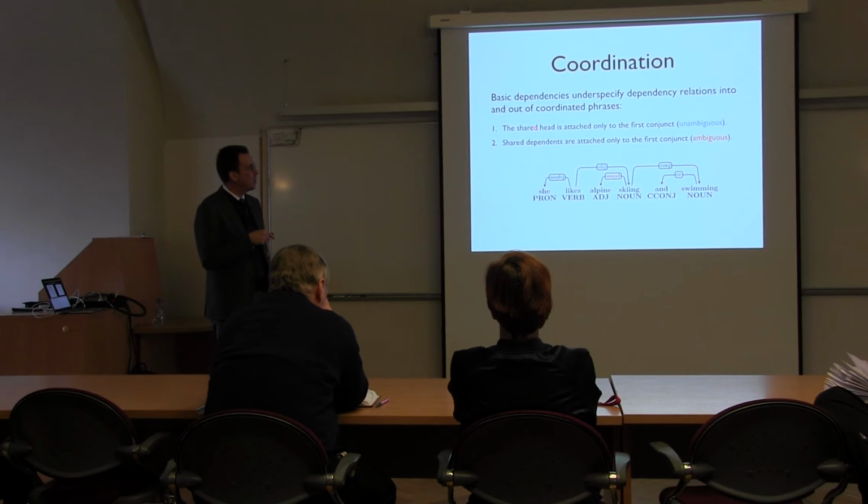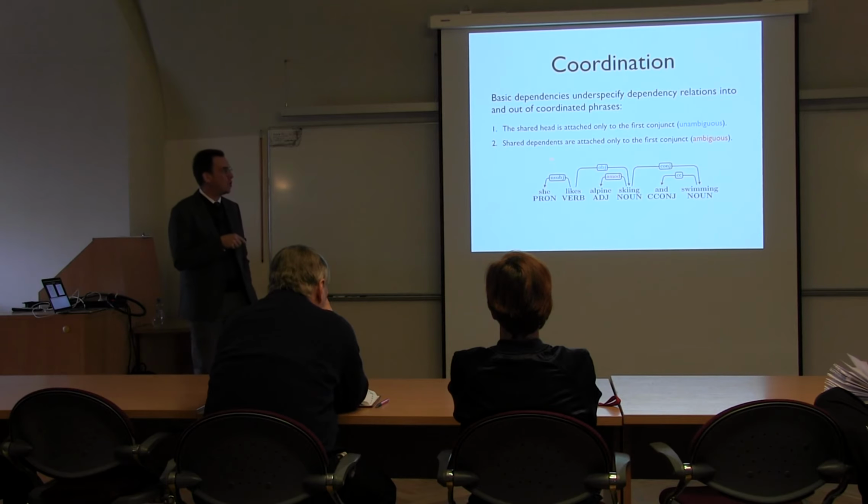Now, in the case of the shared head, this is completely unambiguous. I mean, we can sort of directly infer here that if she likes skiing and skiing is coordinated with swimming, then she also likes swimming. But when it comes to potentially shared dependents, it's more tricky. And especially for this case where it's being attached to the left of the first conjunct.